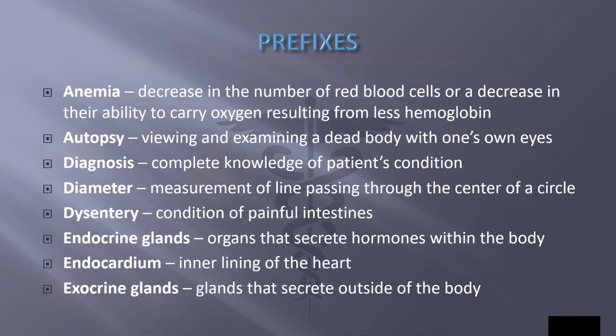Our next prefix, we have aut, which means self. So autopsy, viewing and examining a dead body with one's own or self eyes. Here the root ops, which means viewing, is embedded in the suffix opsy, which means process of viewing.